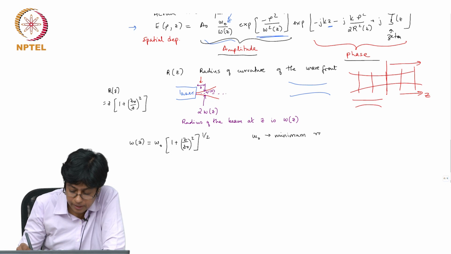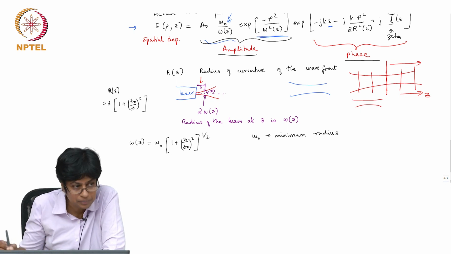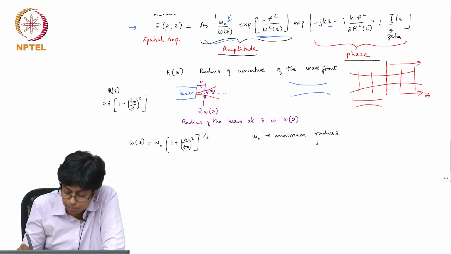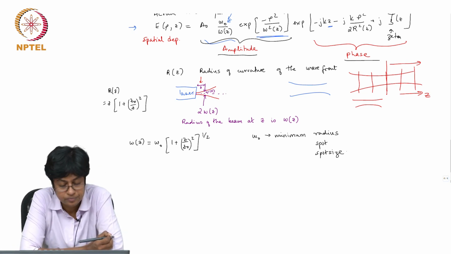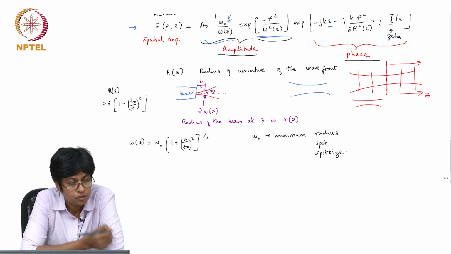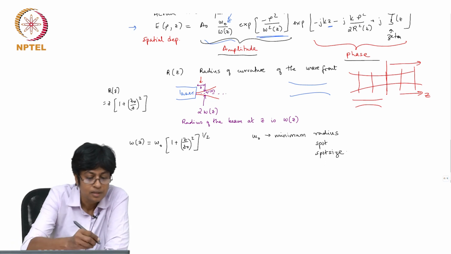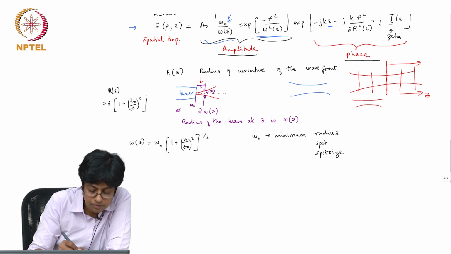I'd say minimum radius, but typically for a Gaussian beam we don't say minimum radius, we say minimum spot or minimum spot size. So in the example where I gave of the light emerging from a laser, the minimum spot is this value here, in other words, it's omega of Z at Z equal to 0.